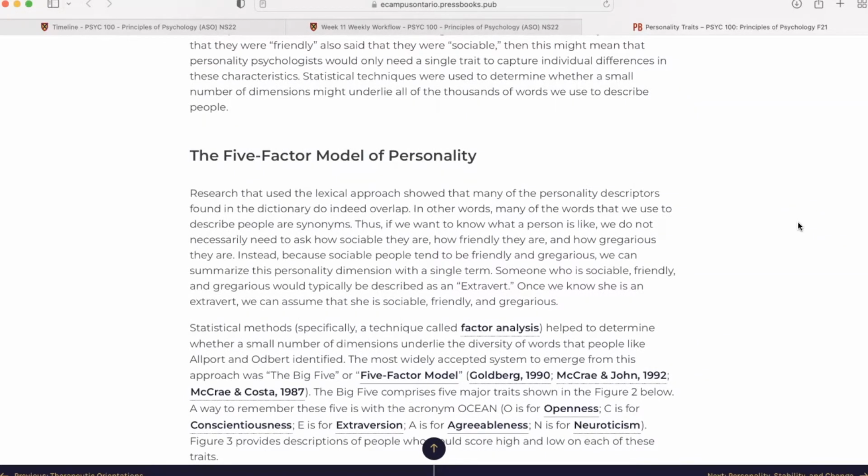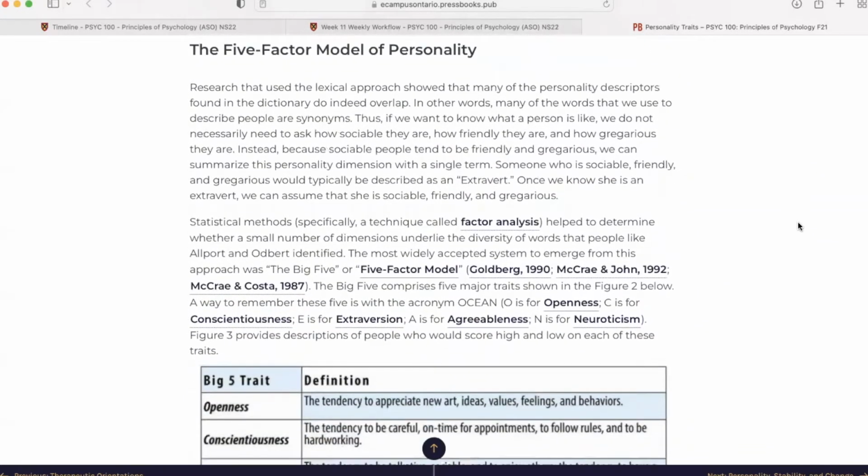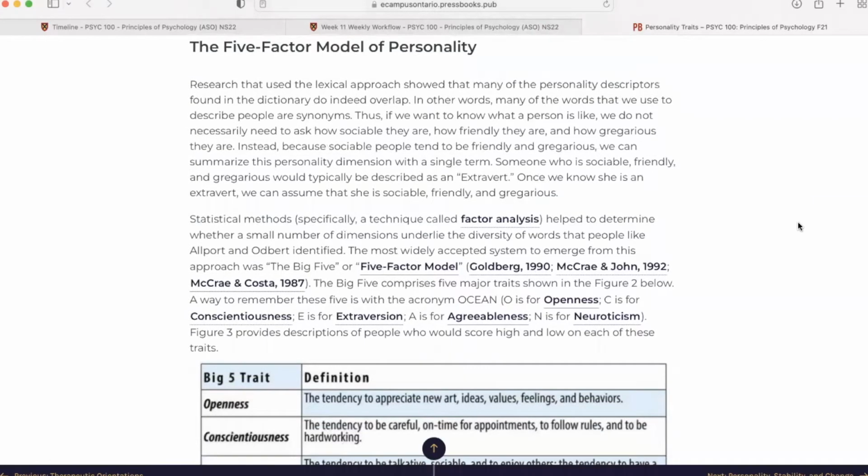The five-factor model of personality. Research that used that lexical approach showed that many of the personality descriptors found in the dictionary do indeed overlap. In other words, many of the words that we use to describe people are synonyms. Thus, if we want to know what a person is like, we do not necessarily need to ask how sociable they are, how friendly they are, and how gregarious they are.